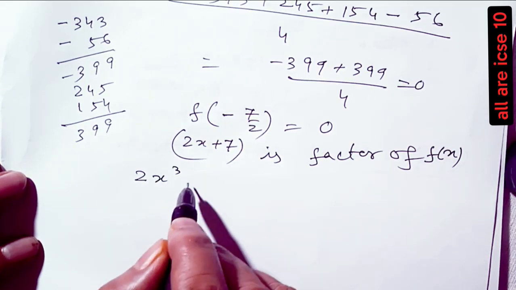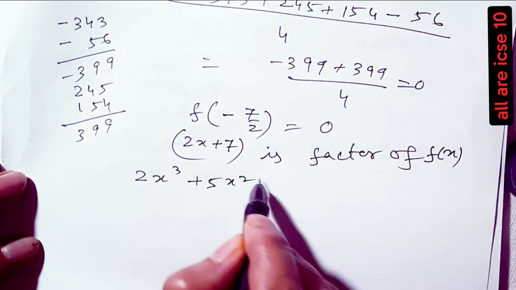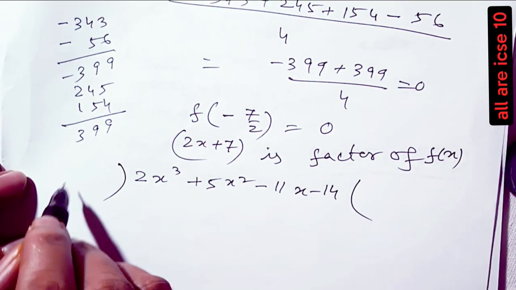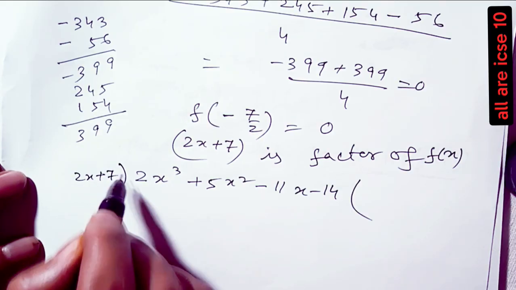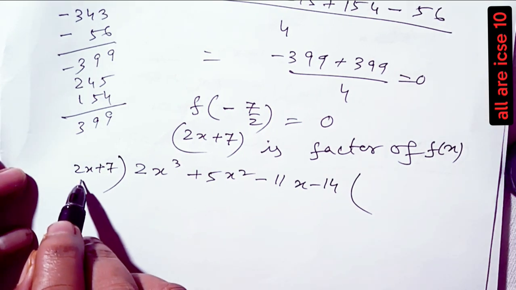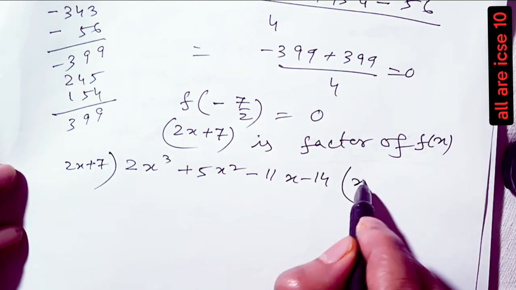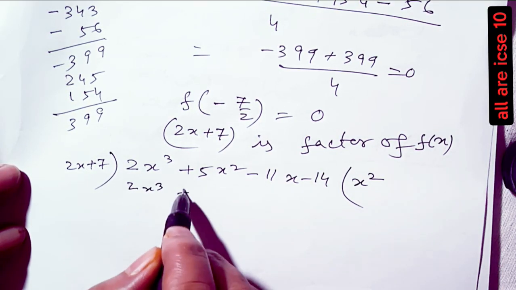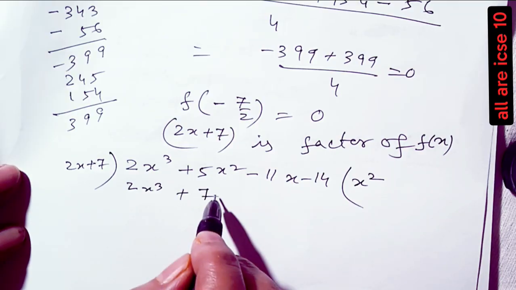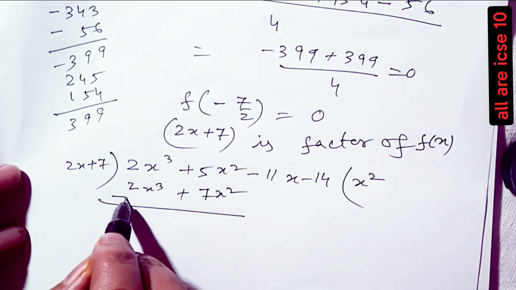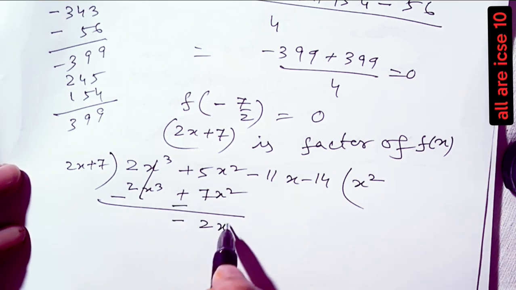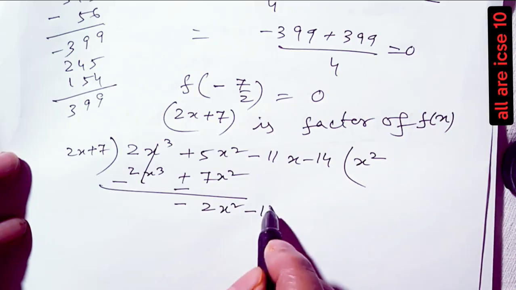2x cube plus 5x square minus 11x minus 14 divided by 2x plus 7. Here 2x cube, so multiply x square: 2x cube plus 7x square. Now this cancels, minus 2x square minus 11x.